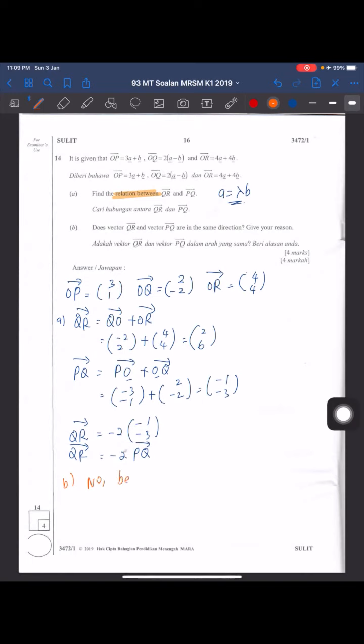Because negative 2 shows that the vectors have opposite direction. Ikutlah macam awak tulis. Yang penting alasan awak tu menunjukkan bahawa dua vektor ini adalah bertentang arah.